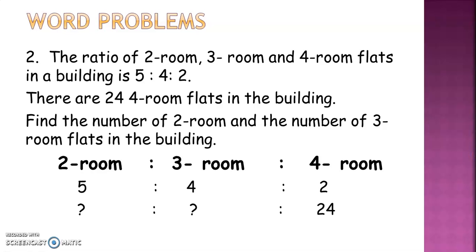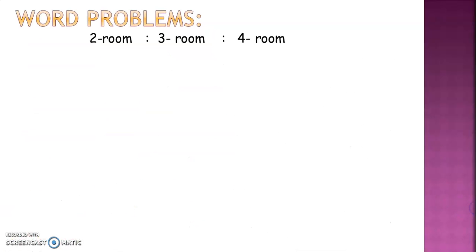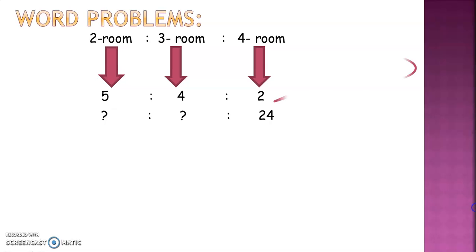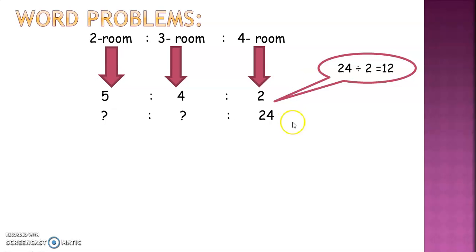You know about the 4-room flats, but you don't know about the 3-room and 2-room flats. The same method will apply here. As you know, this ratio is given, and it will definitely help us find the 3-room flats and 2-room flats.